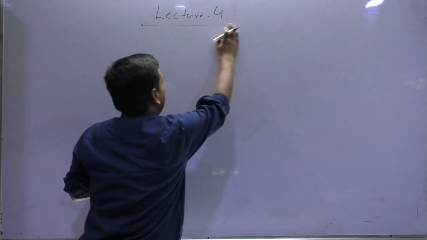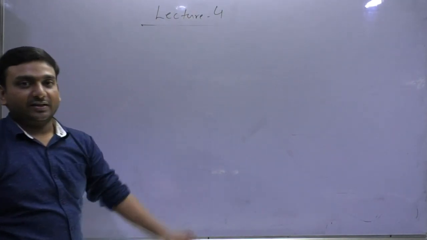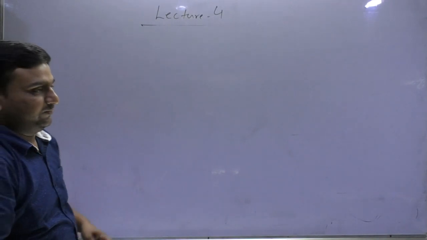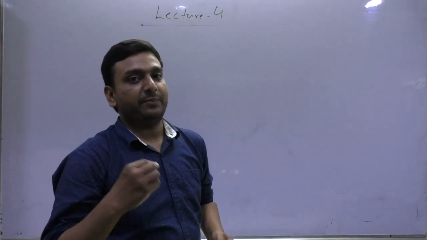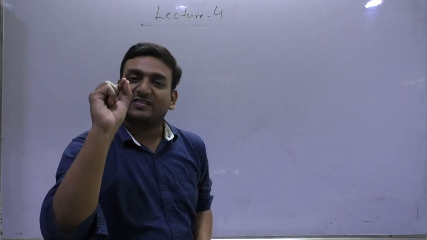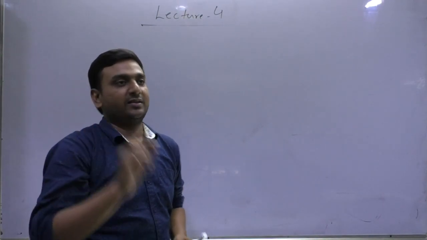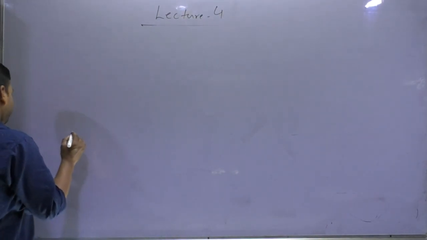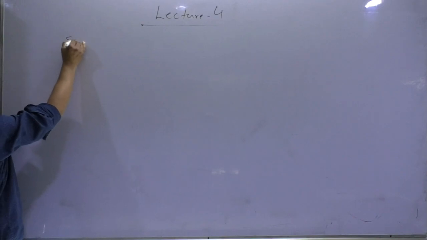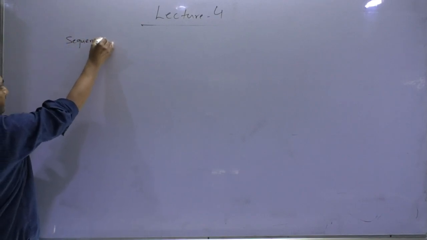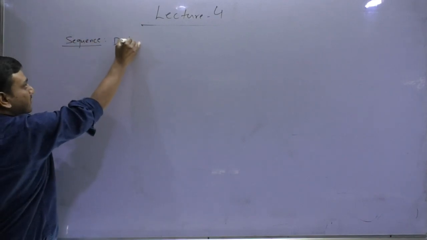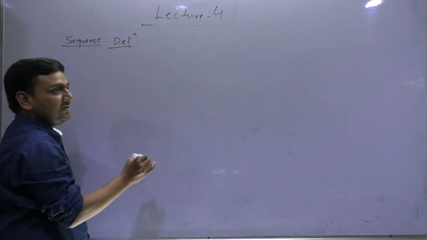So merely it is not only the existence of limit. Please focus. First of all, we have to learn what is sequence. So what is sequence? What is the definition?